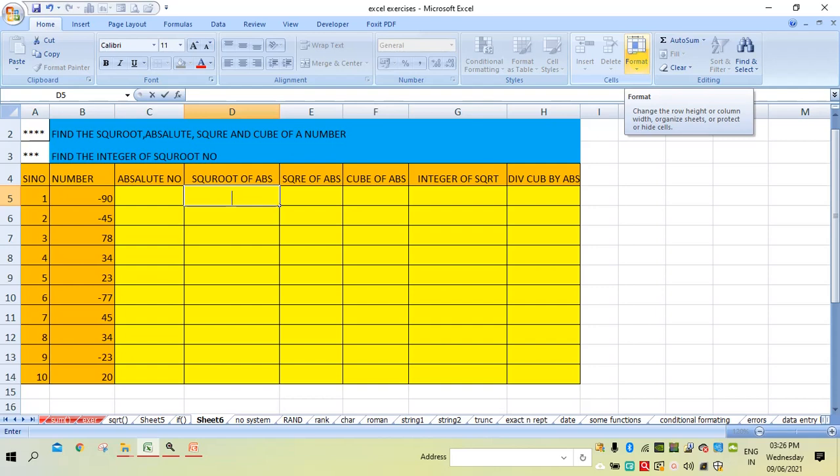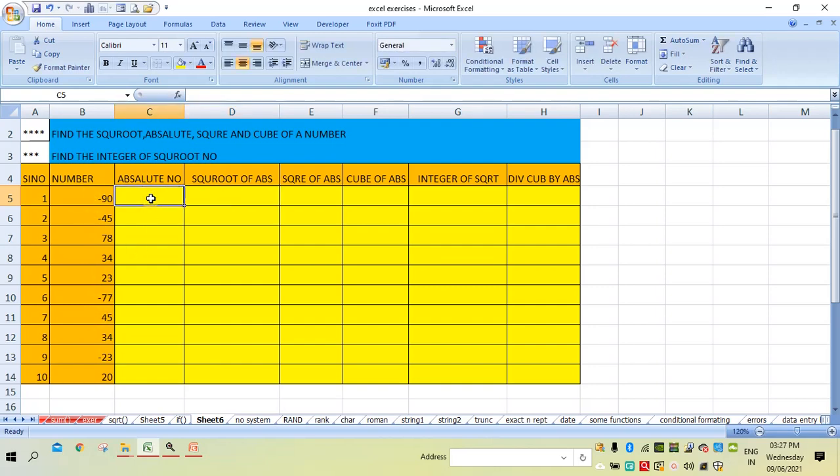Now we find the square root, absolute value, square and cube of a number, and also the integer of a number by using the functions in this table. So here these are the numbers. Let me find their absolute value here.